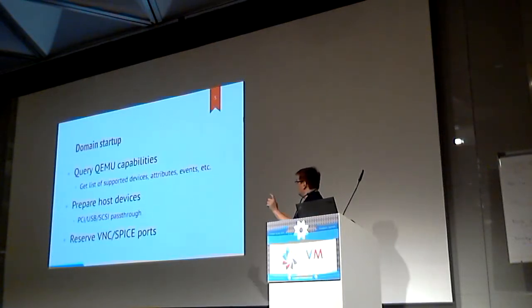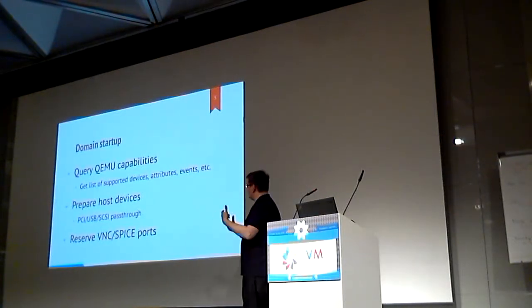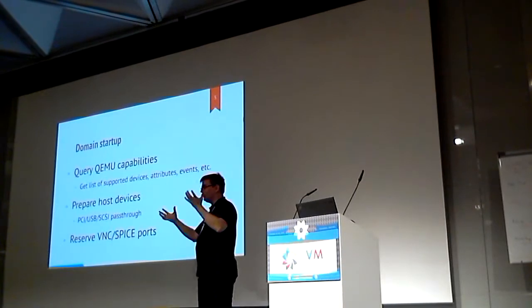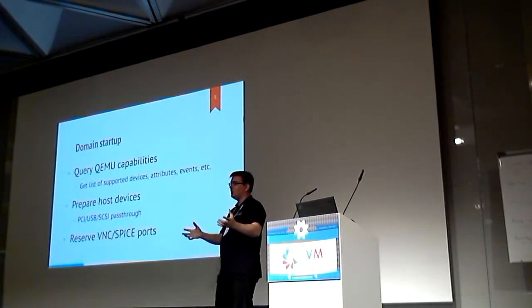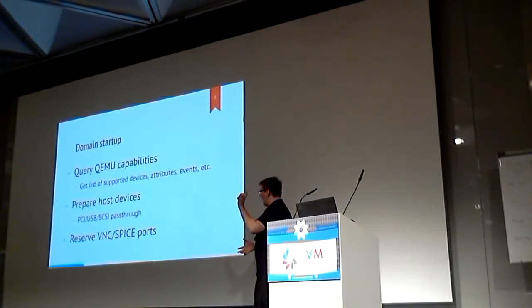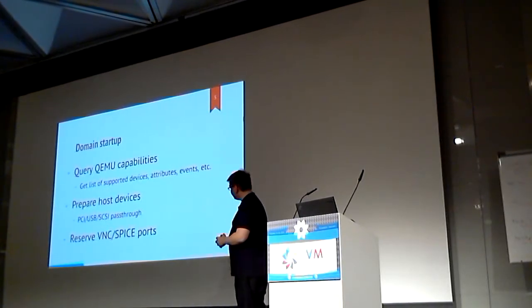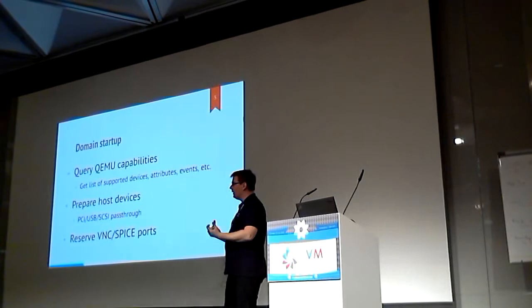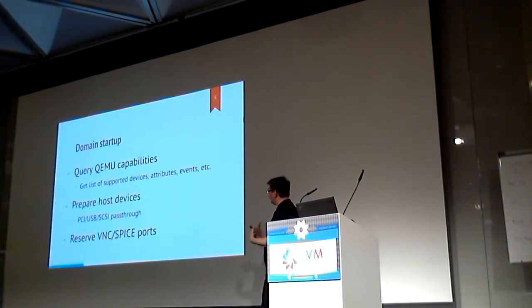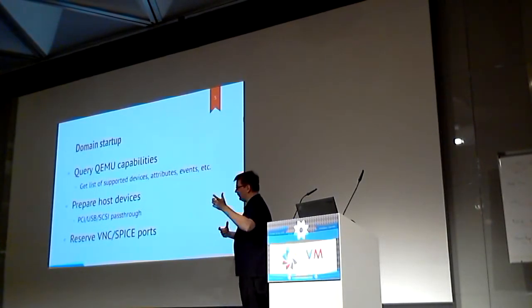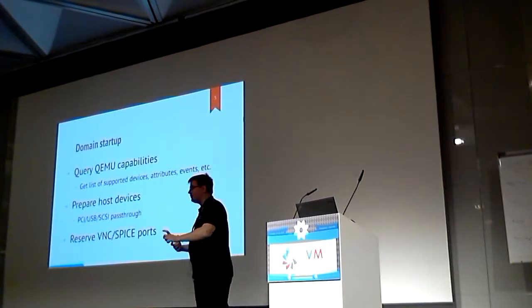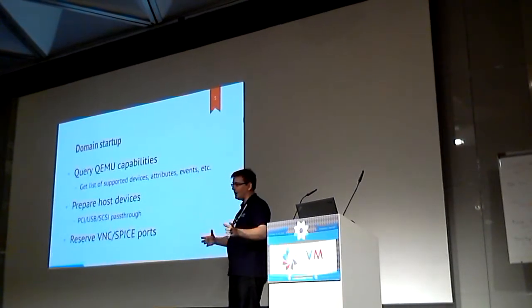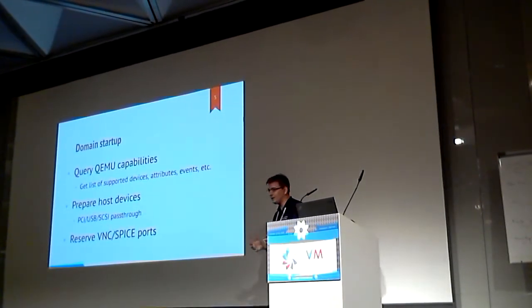So the first thing that libvirt does is we query the QEMU capabilities. We start up this bare QEMU process just to have a monitor to talk to. And we query several monitor commands to get a list of supported devices, device attributes, command line arguments, and stuff like that.